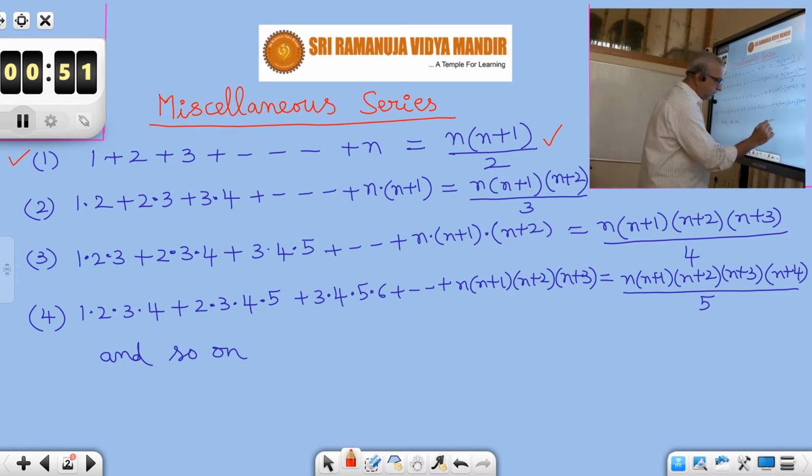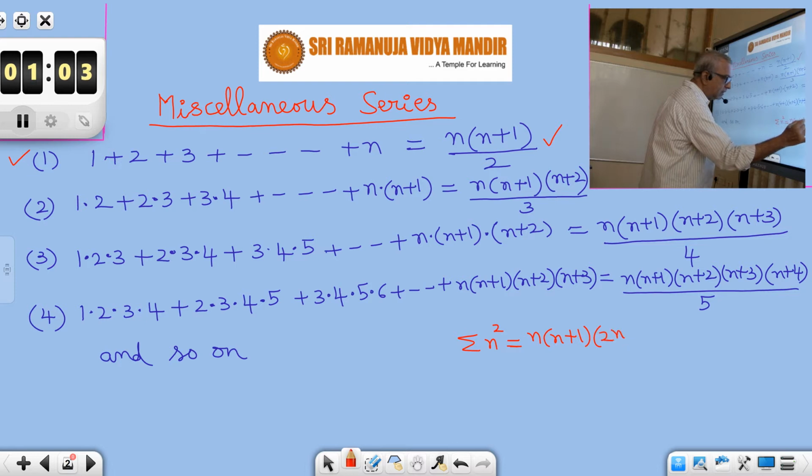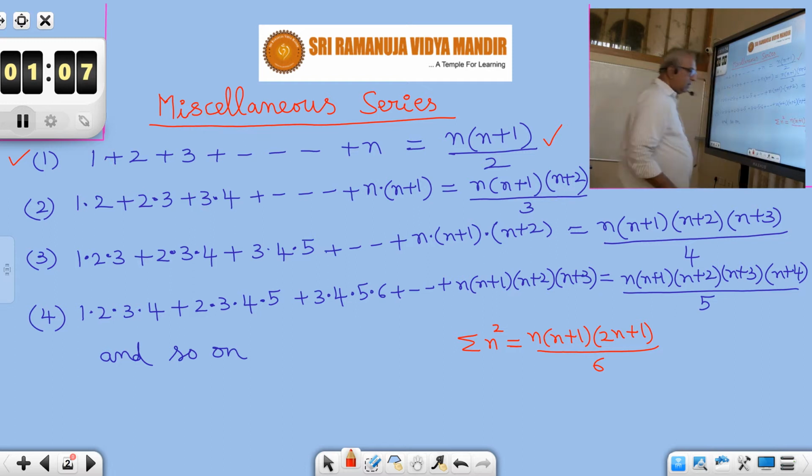What is sigma n square, do you remember? Sigma n square is n into n plus 1 into 2n plus 1 by 6. That is the sum of the squares of the first n natural numbers: 1 square plus 2 square and so on up to n square.